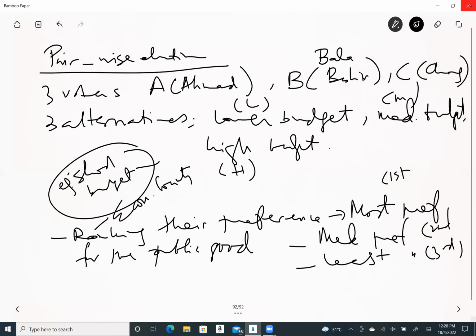You have a low budget, medium budget, high budget. And then you rank the preference for the public good in terms of most preferred, medium preferred, least preferred, or first choice, second choice, third choice. Okay, all right. So we have the following table.